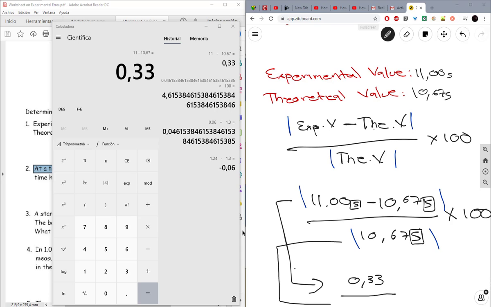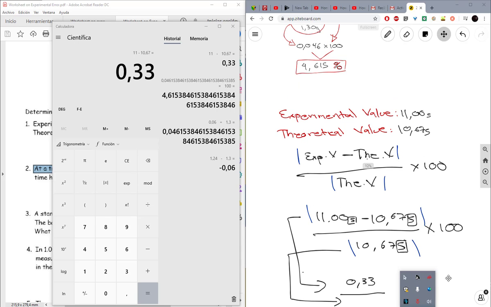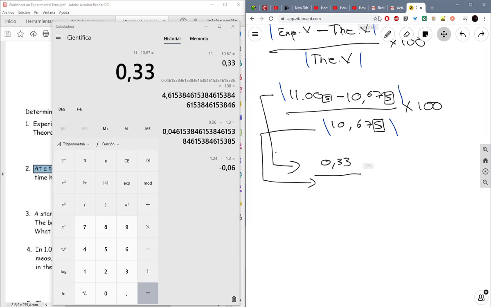And this, don't forget the absolute value bars, and also down, because down has to go the 10.67 seconds. Here, seconds, 10.67 seconds times 100. Now let's get rid of the absolute value bars. This is positive, so we leave it positive, and the same here. So we only have to write the same thing positive.